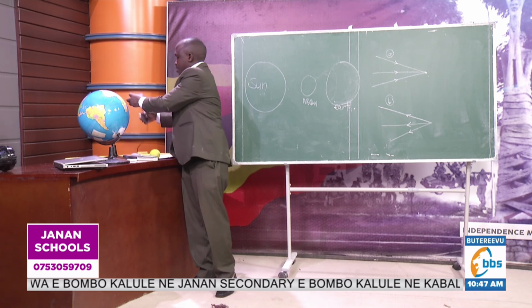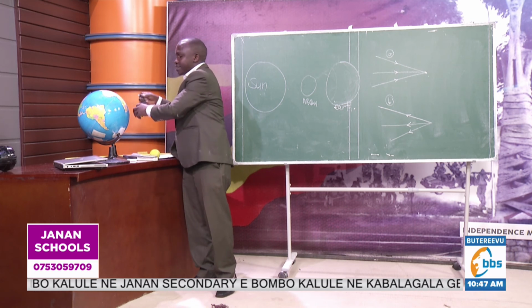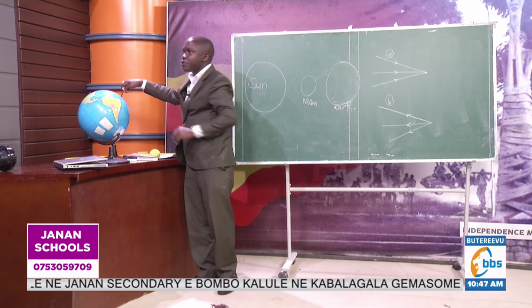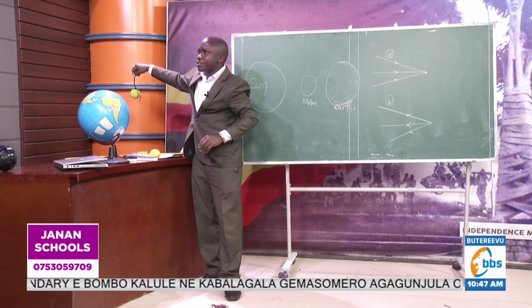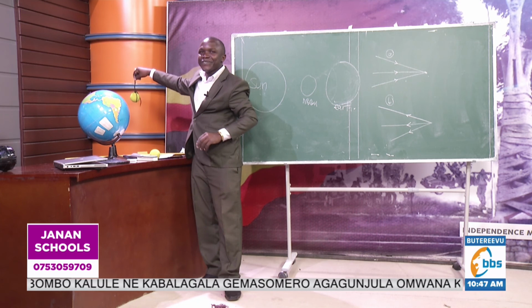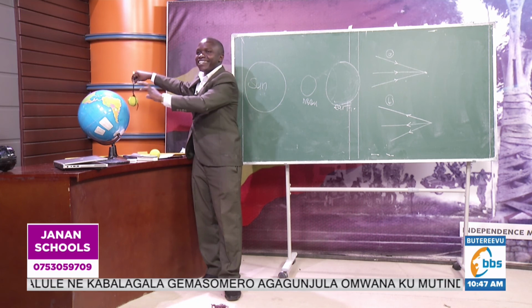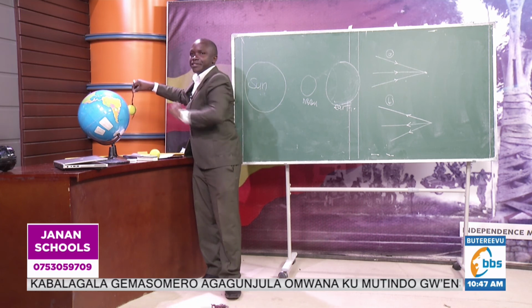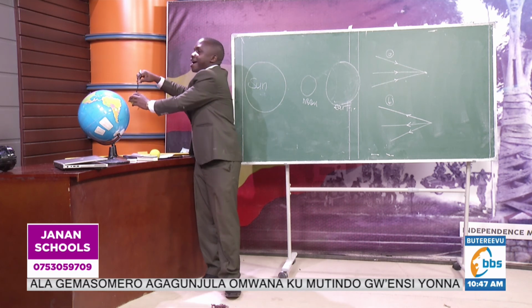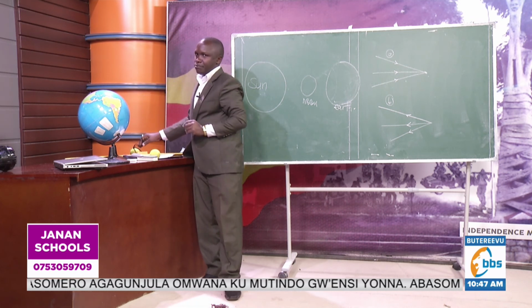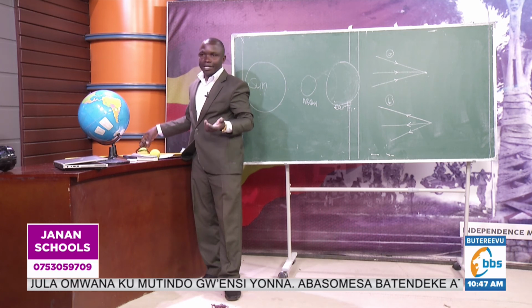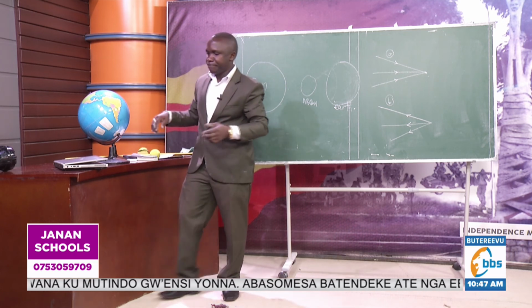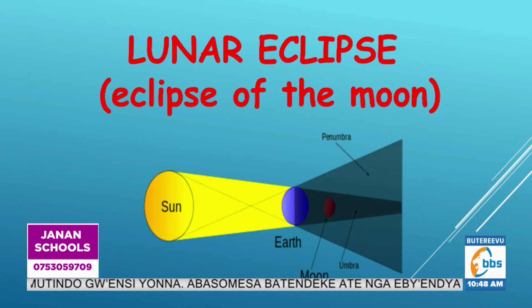I'm using this to illustrate. I'm not saying this is the earth, but I'm using an example of a globe. So when you bring it behind, you look at the size of the moon. The earth's shadow will fully cover the what? The moon. Meaning the moon is under total darkness. It is under umbra. Let's look at the next one there.